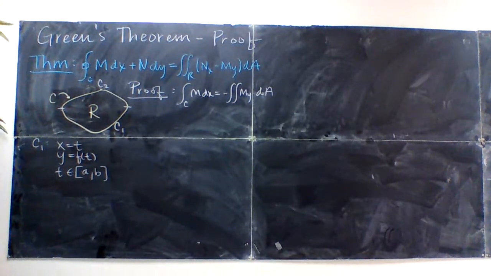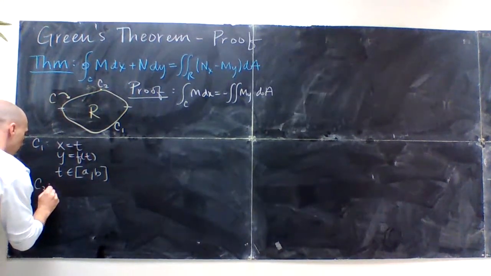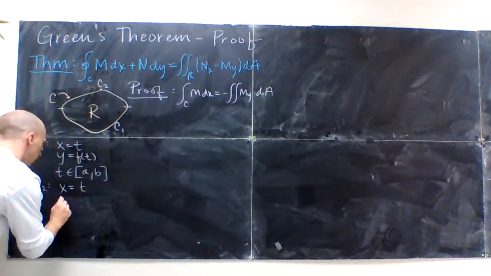All right, and so for C2, I'll have x equaling t and y equaling g of t.